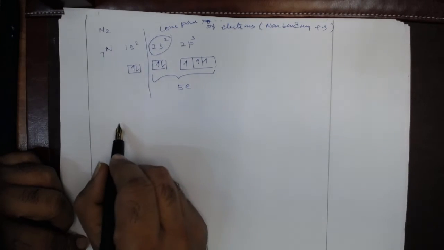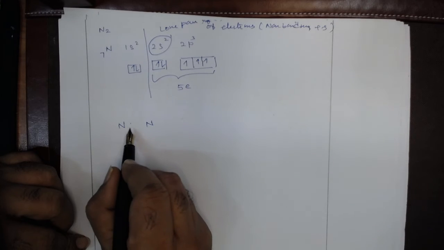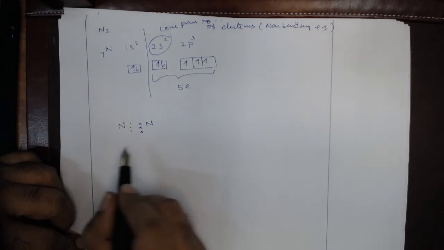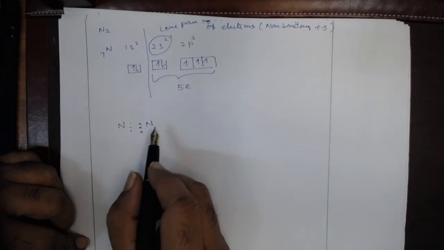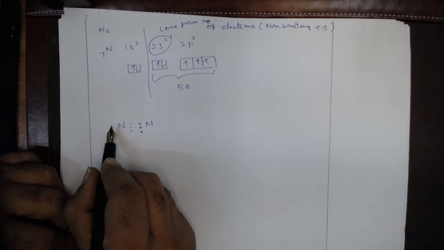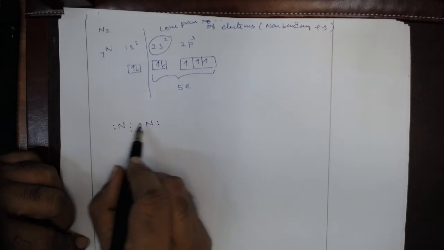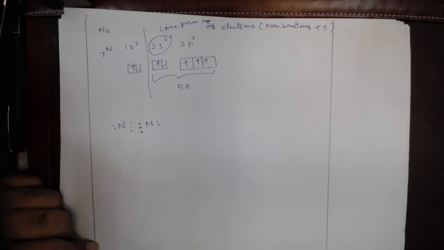And let us have nitrogen. Nitrogen, they involve in bonding like this. 3, 3, because there are 2 nitrogen. And the leftover is a pair of electron, one lone pair of electron is left over. So it will form a bond like this.